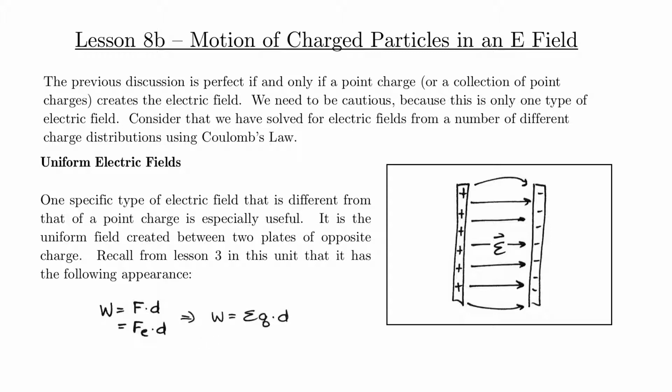And what's the electric force? Well, the electric force is the charge times the E field. And this E field is going to be just a number, like 5 newtons per coulomb. It doesn't change how far or close you are away. It's basically always the same.